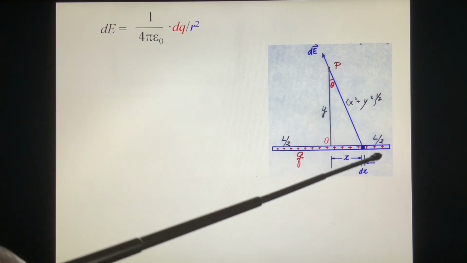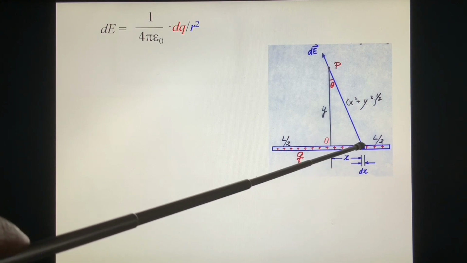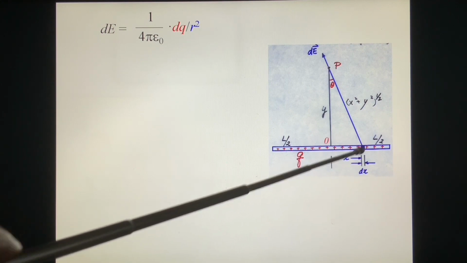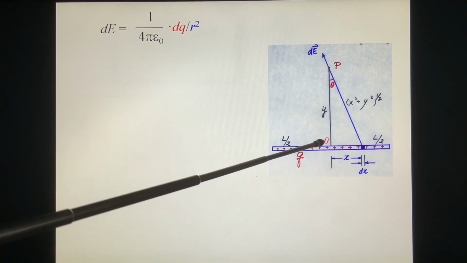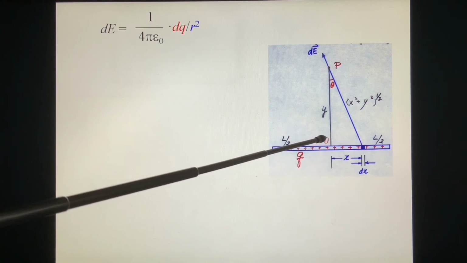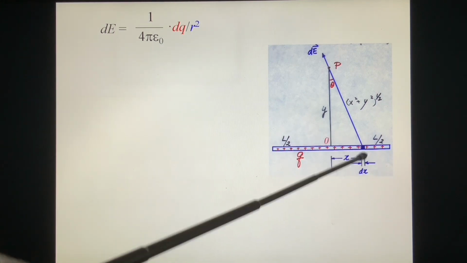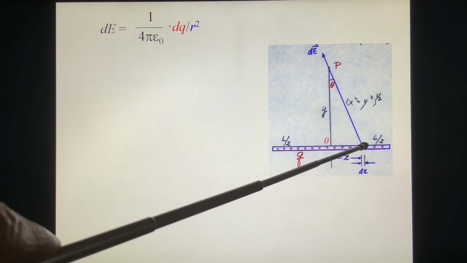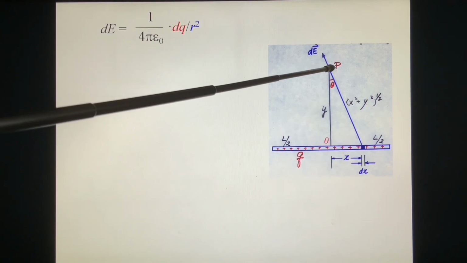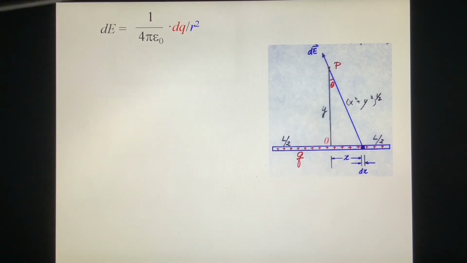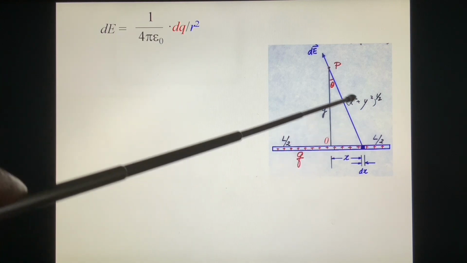Let me see, we pick a very small, tiny dq. This is a dx, located at x. The center of this rod we take as the origin of the axis. And then for this small section dx, with charge dq, the electric field at P is equal to 1 over 4 pi epsilon 0 dq over r squared.